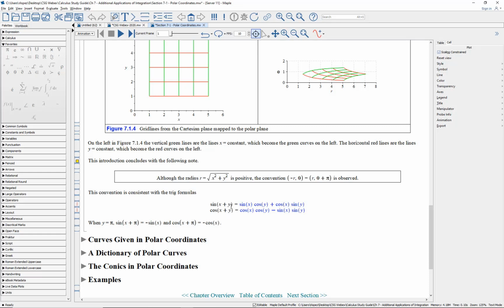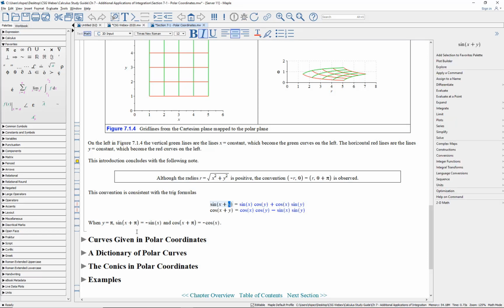If this letter y here becomes pi, then sine of x plus pi becomes minus sine. So r equals sine theta, right? And theta shifts by pi, r could go negative by that formula. And same with the cosine if you follow out these two formulas.